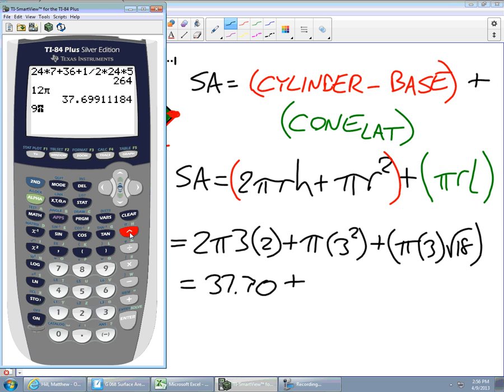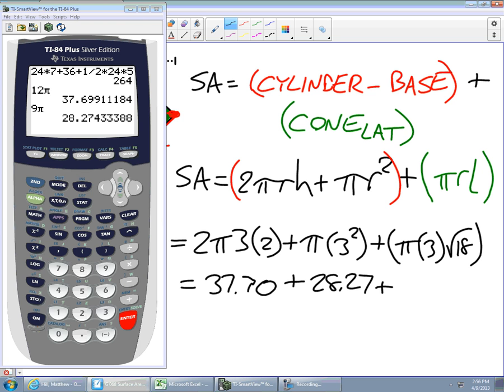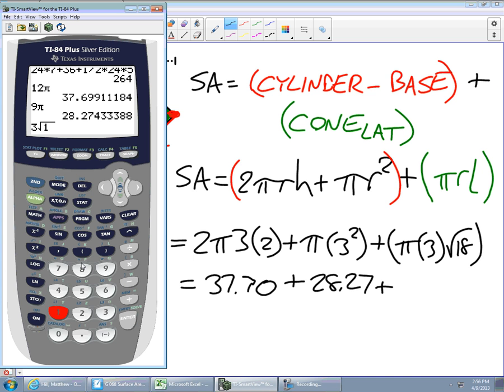And there's a pi in there as well. 9 pi is 28.27. Down there, we've got a whole number 3. We've got an irrational number, square root of 18. And we've got a pi on that one as well. And we got 39.99.